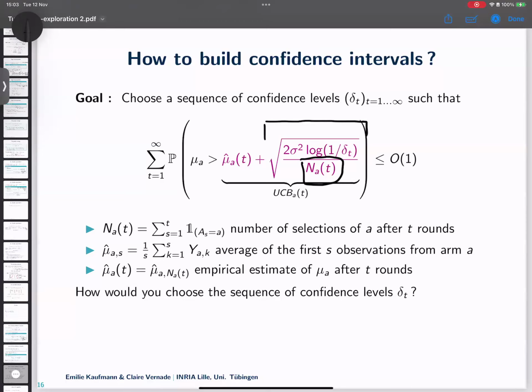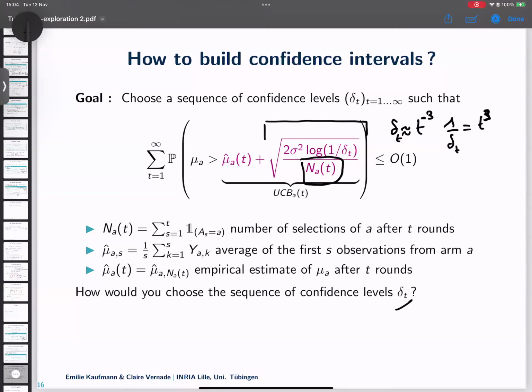So this delta t, you can think of roughly as t to the minus 3, meaning that 1 over delta t is equal to t to the 3rd. So it's a weird 3.